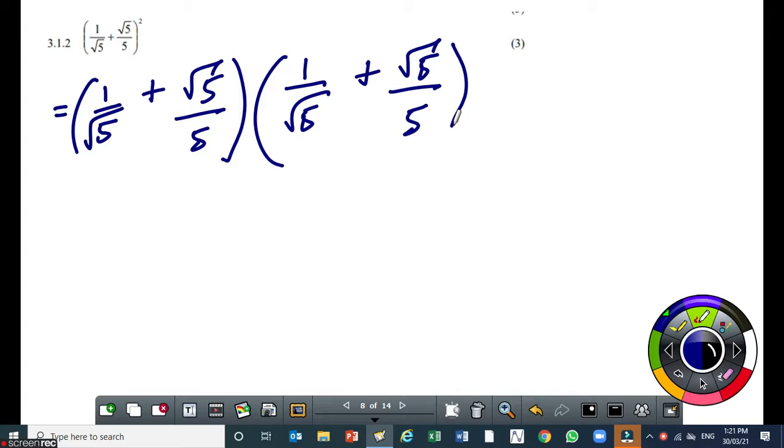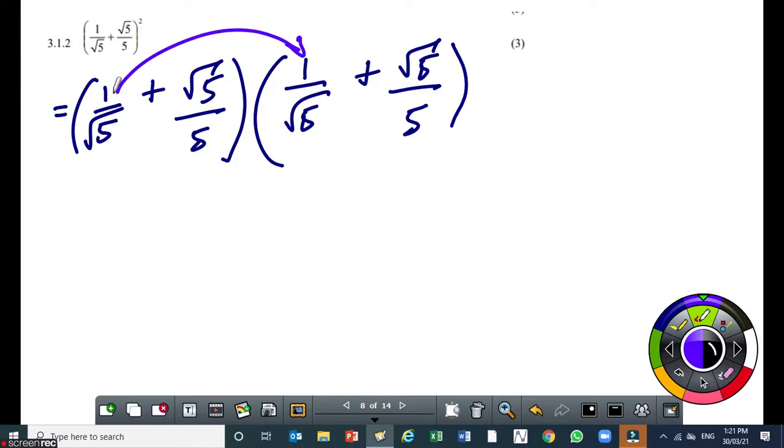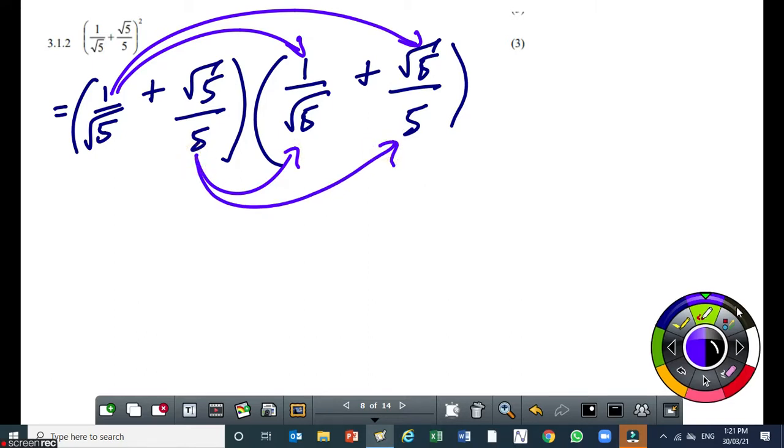Here we are going to multiply the terms like this. These two will multiply each other and those two. Then these two will multiply and those two will multiply. There's no need to be scared. 1 over square root of 5 times 1 over square root of 5 will give you 1 over 5.